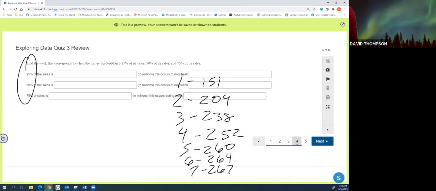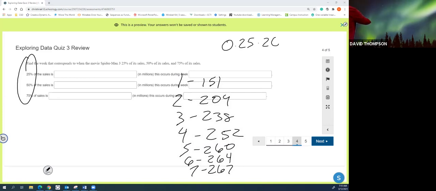Okay, so find the week that corresponds to when the spider made sales at 25% of its sales, 50% of its sales, and 75% of its sales. So we look at the final total. So for 25%, we'll do 0.25 times 267.